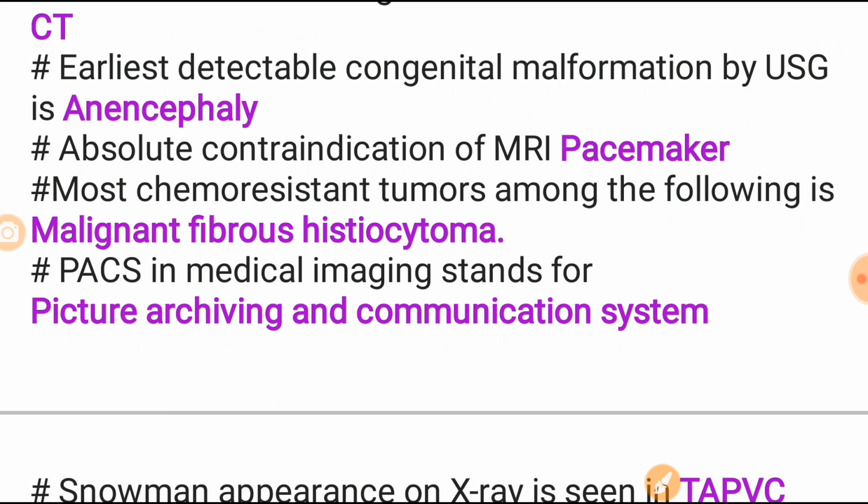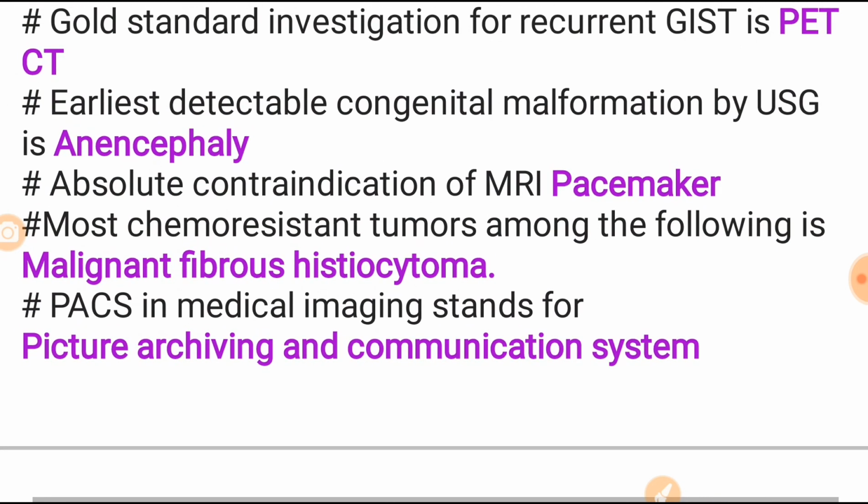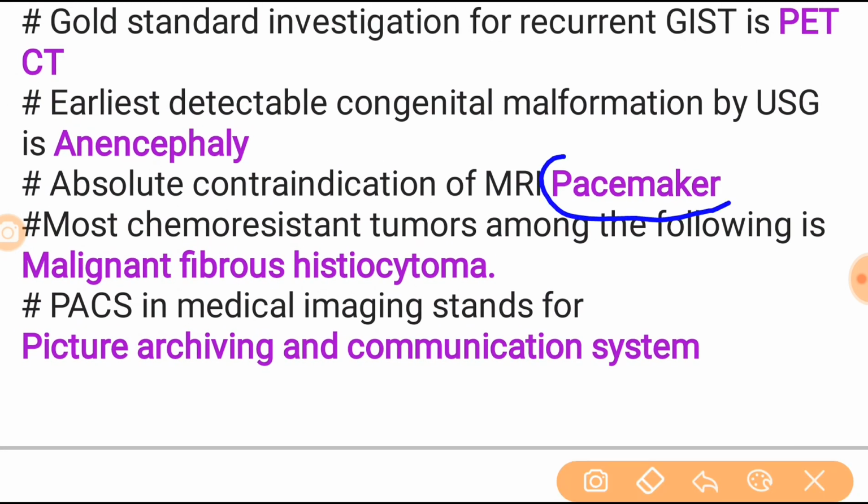Absolute contraindication of MRI: that means in which patient MRI will not be used. It is the patient with a pacemaker. Next one is the most chemo-resistant tumor among the following.